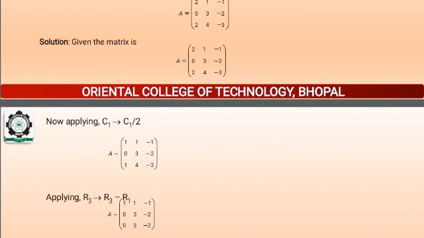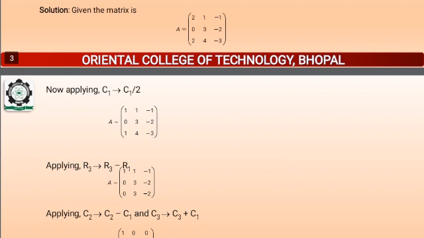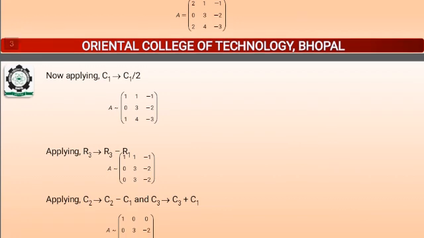We have column first as 1 0 1, second column as 1 3 4, and third as -1 -2 -3. Now applying R3 changes by R3 minus R1, A is converted to [1 1 -1; 0 3 -2; 0 3 -2].